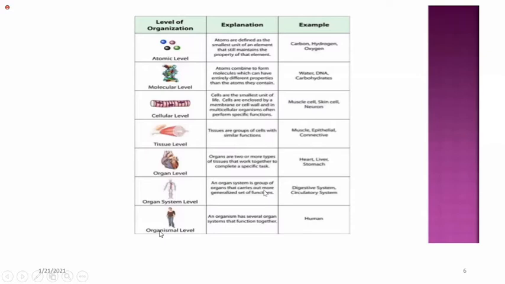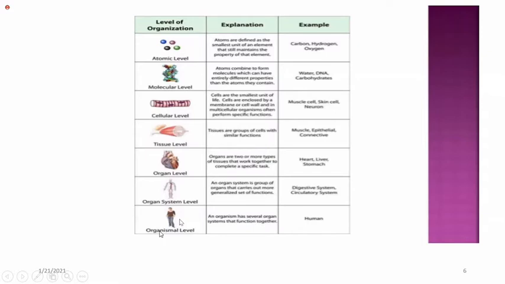We can take ourselves: humans are a completely organized system of these organ systems, and that will lead to the complete organism. So this is the level of organization starting from atom, molecule, cell, tissue, organ system, and as a whole a complete functional organism.